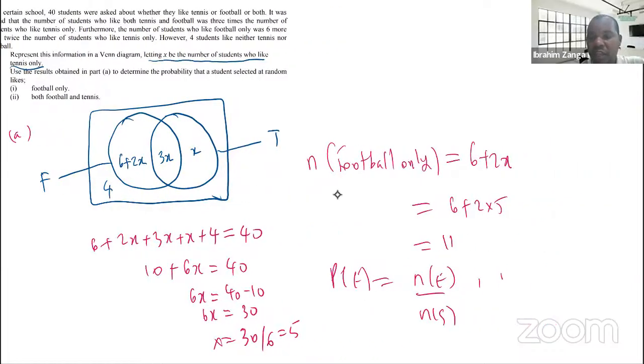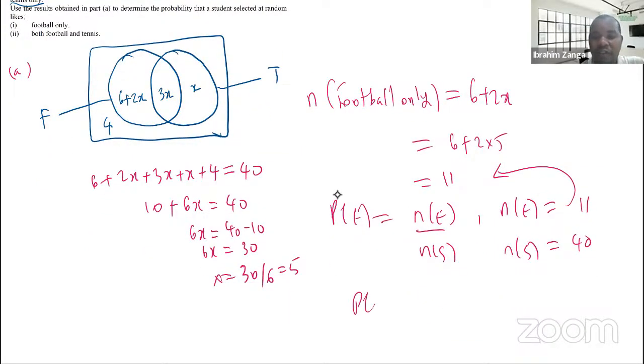Now, number of event will be equal to number of those who like football only, which is 11. Number of sample space will be 40, total number of students. So probability of event, dear students, will be 11 over 40.